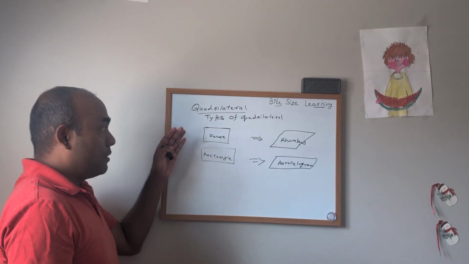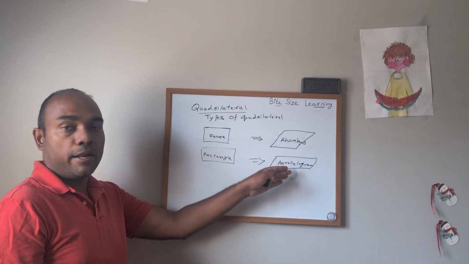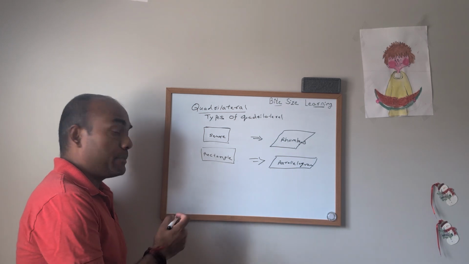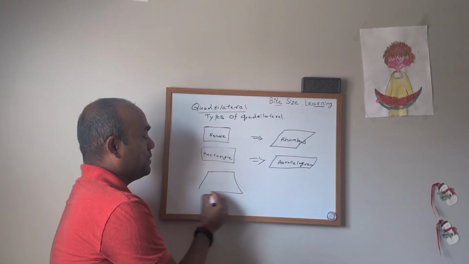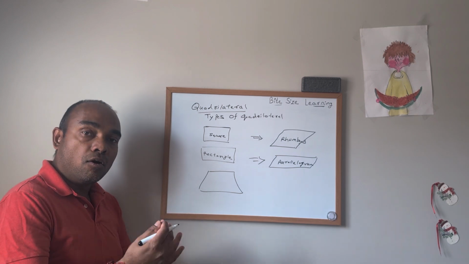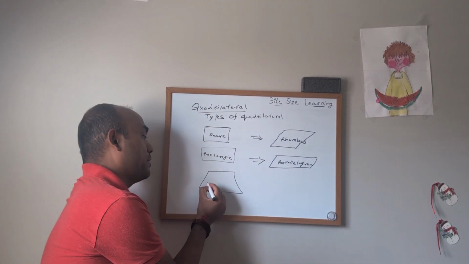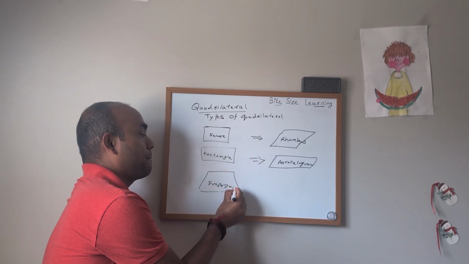So you have a square and rhombus, you have a rectangle and a parallelogram. These are all types of quadrilateral, and the last one is trapezoid or trapezium. If you have none of the sides equal or parallel, or the angles not equal, that type of quadrilateral is called a trapezoid.